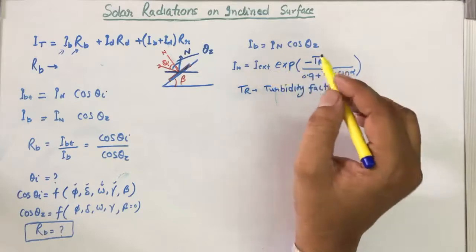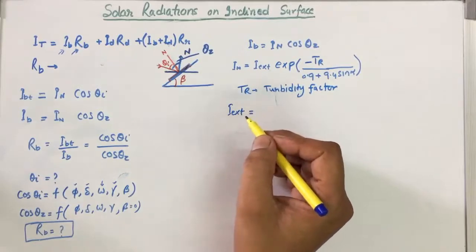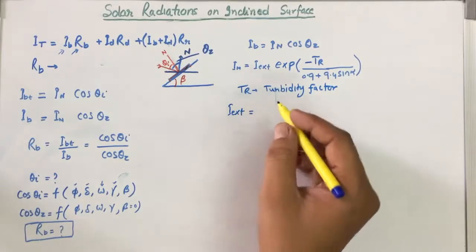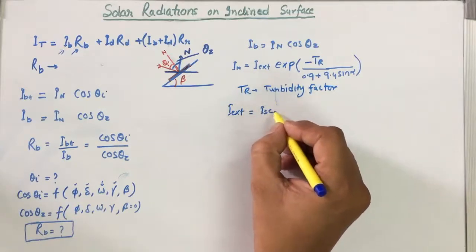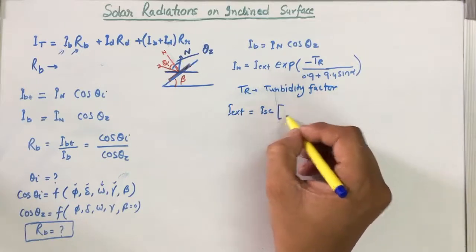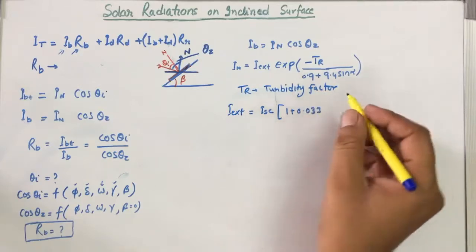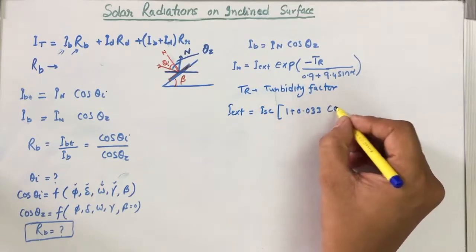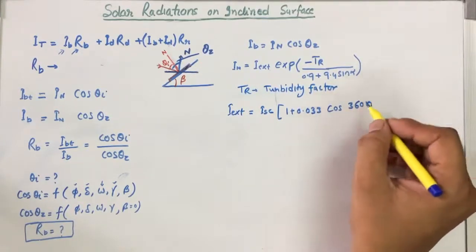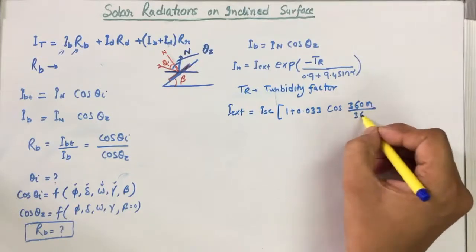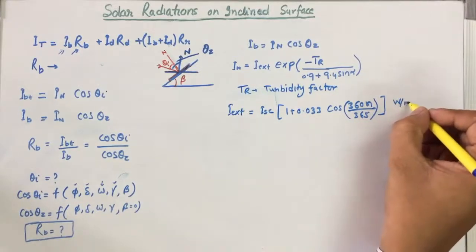So I can be written as, if you go back to your notes, then you will find it was mentioned: solar constant times 1 plus 0.033, we have discussed this already, cos 360 n divided by 365, it was in watt per meter square.